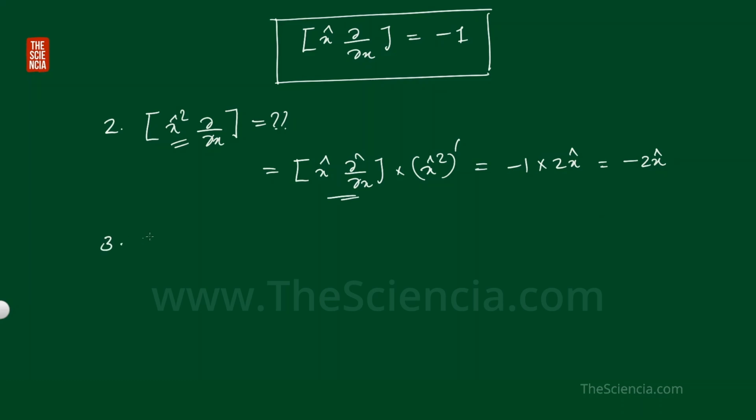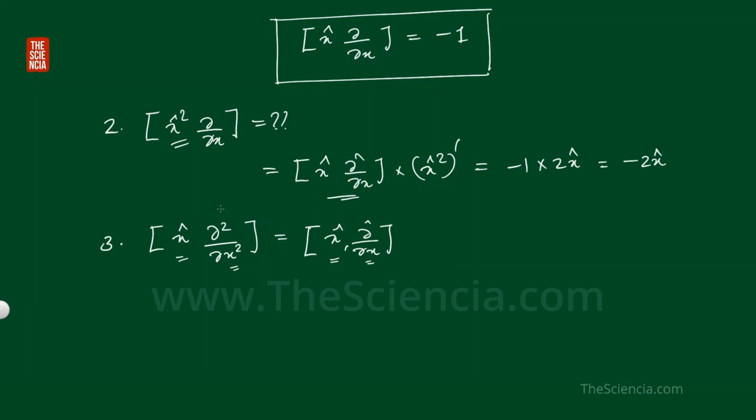Now the third question: the commutator bracket of x̂ with ∂²/∂x². Here also we can use the above trick. It is a function of x̂ and ∂/∂x, so first you have to take the commutator bracket of these terms in the same order. So here first x̂, then ∂/∂x, and here also we wrote x̂ first, ∂/∂x second.